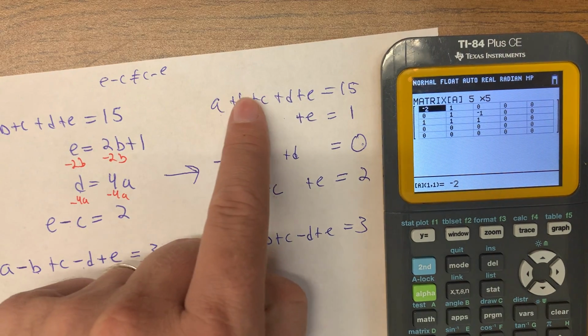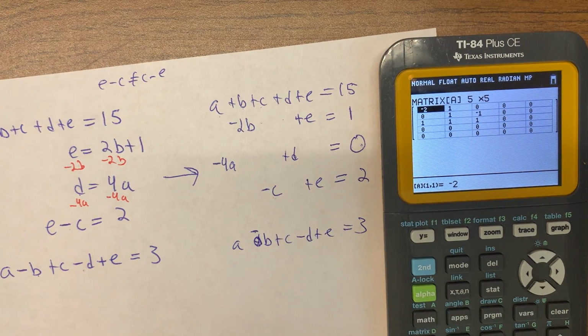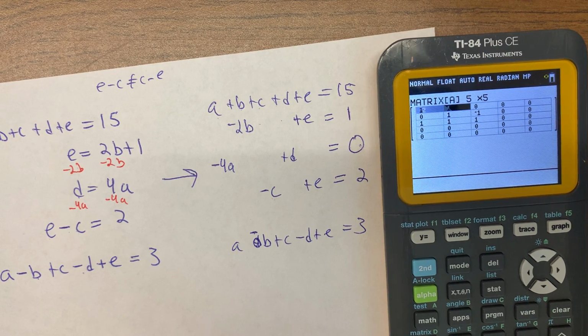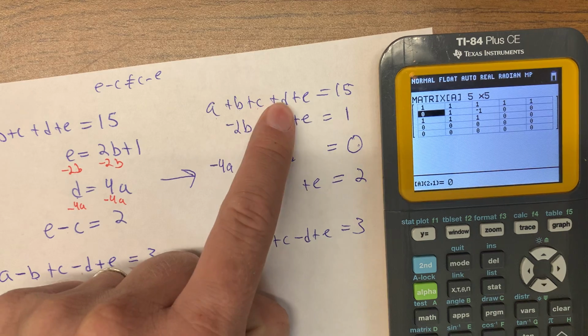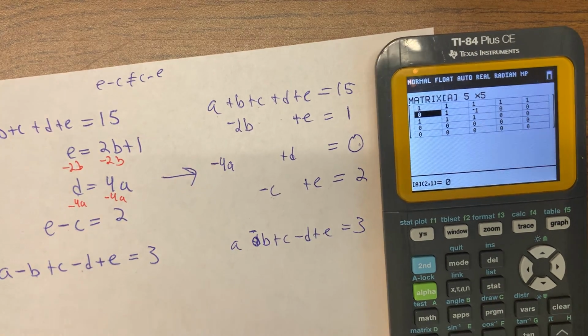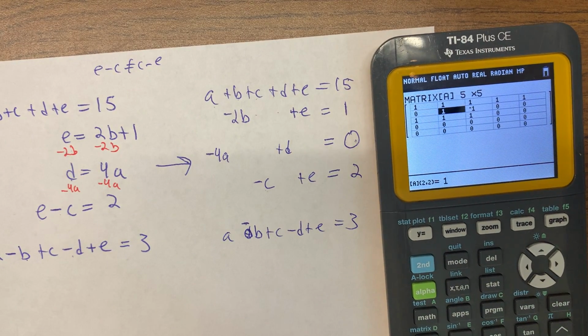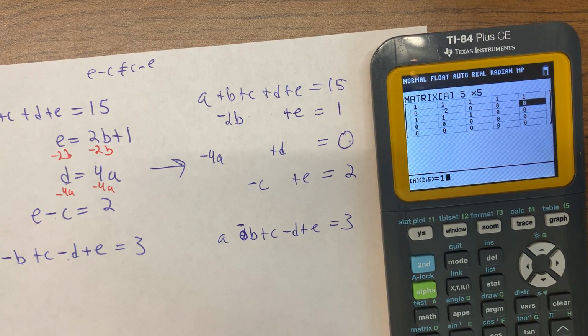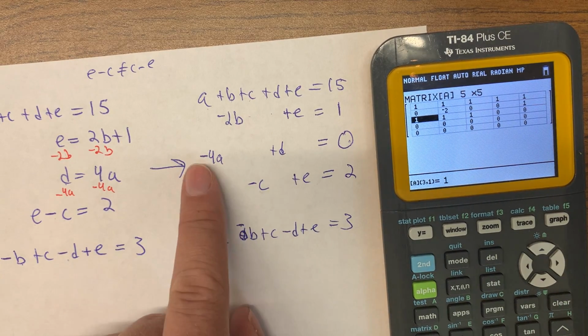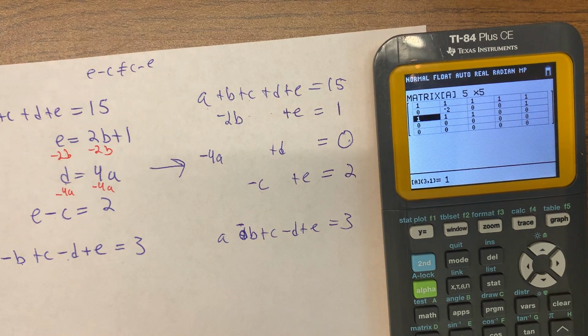And I'm gonna just write the coefficients from the first line here. What are the coefficients for that first line? 1, 1, 1, 1, 1, 1A, 1B, 1C, 1D, 1E. What are the coefficients for the next line? 0 A's, negative 2 B's, 0 C's, 0 D's, 1E. What about for the next one?